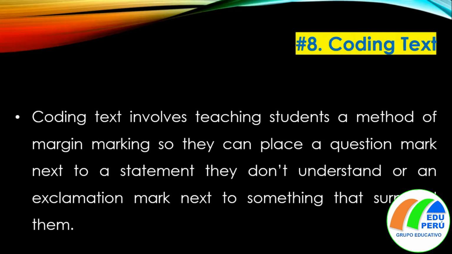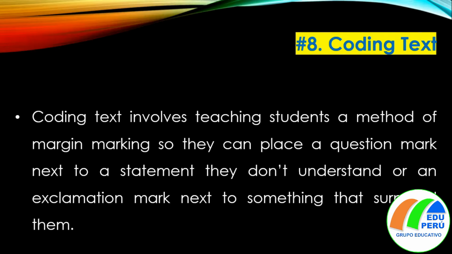Another one. Coding text. Coding text involves teaching students a method of marking so they can place a question mark next to a statement they don't understand or an exclamation mark next to something that surprised them. Notice, this is something special. So they are going to code the texts. They are going to write some codes.